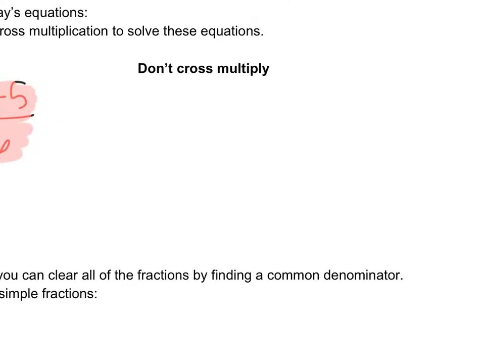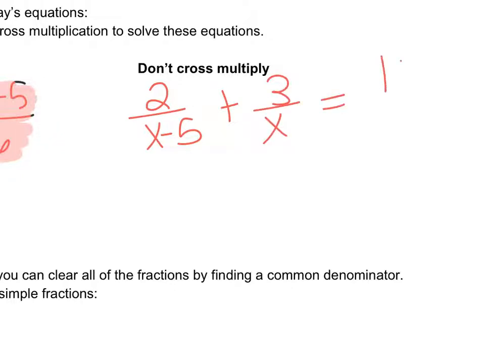So a problem that might look like this, where you have 2 over x minus 5 plus 3 over x equals 10 over x squared minus 5x. Okay, if you notice, this is an example where you don't cross multiply because there are two terms on the left.